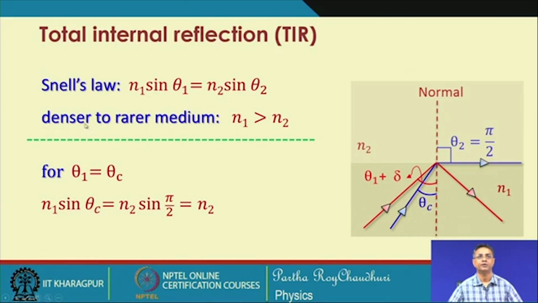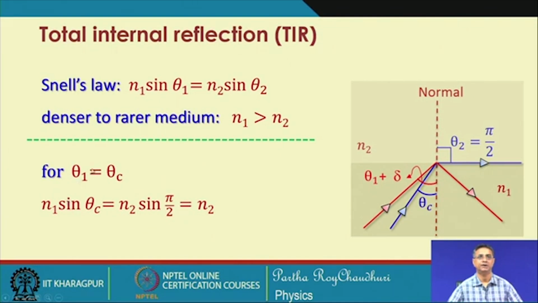Now, for the denser to the rarer medium, if we consider this case, that is n 1 is greater than n 2, then for theta 1 equal to theta c, you have theta c the critical angle of incidence, for which you will get a grazing angle of refraction.